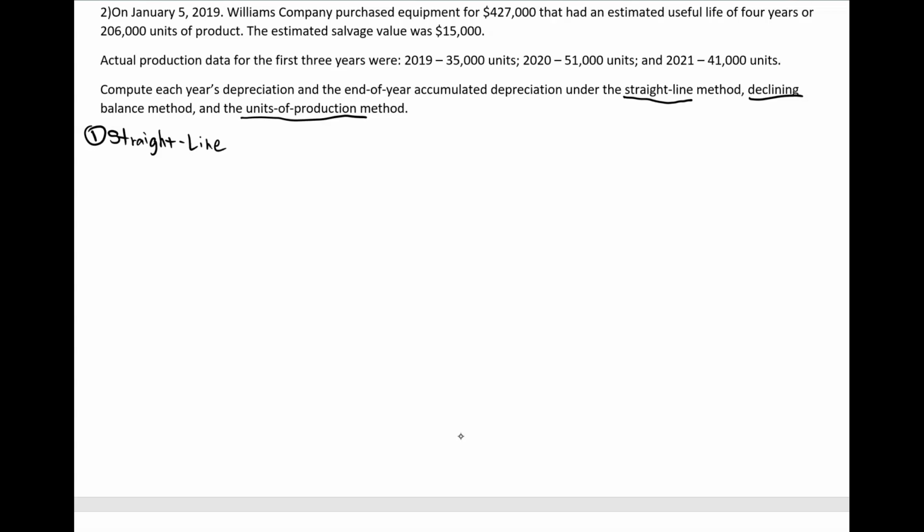Okay, for this one, we are going to take the cost minus the salvage value. The cost is $427,000 minus the salvage value of $15,000. And we're going to divide that by the useful life in years, 4 years.